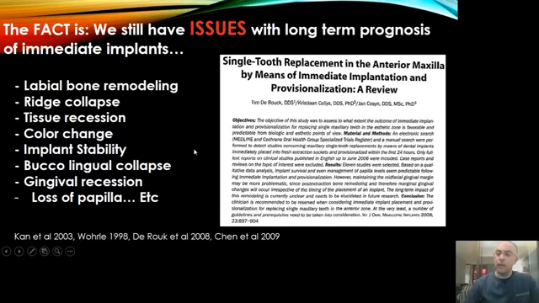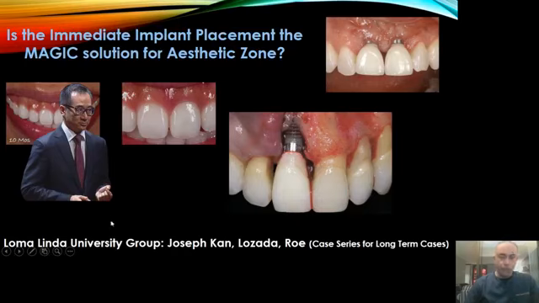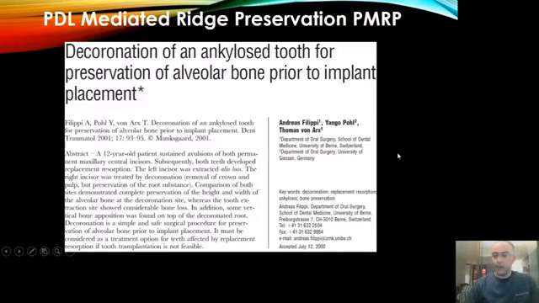So the long term has some question marks in immediate implants, especially in the aesthetic zone. And as I said, we have some evidence-based data showing that we have a lot of recession. Some of the high aesthetic demand patients are showing either metal or the titanium around the implant. So we have issues around the implant.